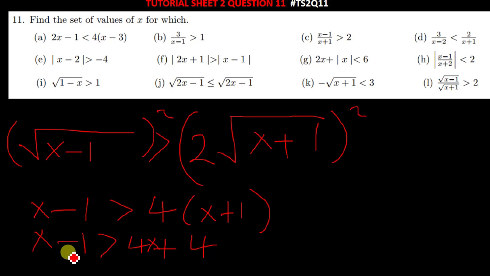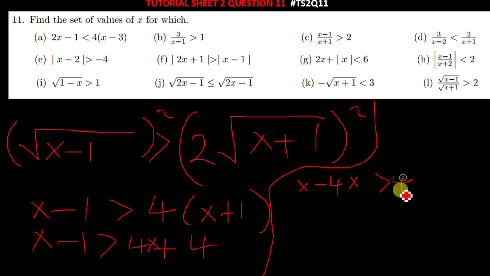You pair the like terms. Let me just do it step by step for the sake of everyone to understand. So we have x minus 4x this side, and then this other side we have 4 plus 1. So you have negative 3x being greater than 5.